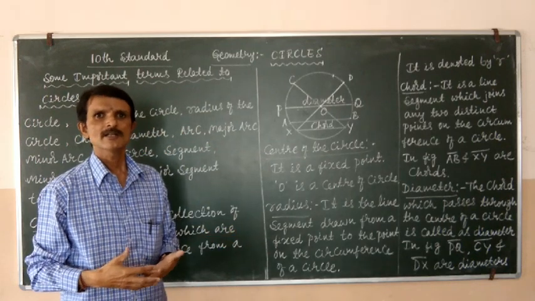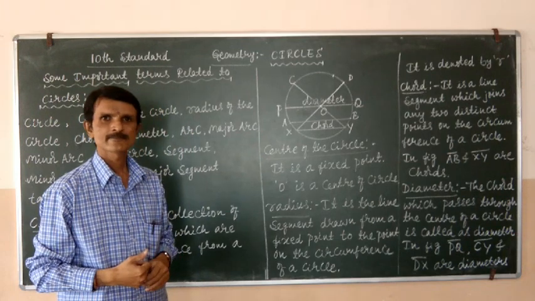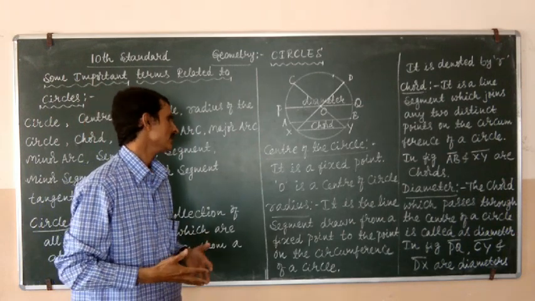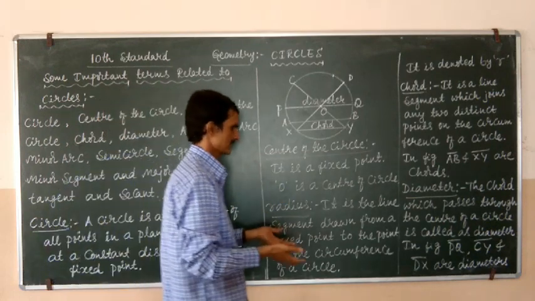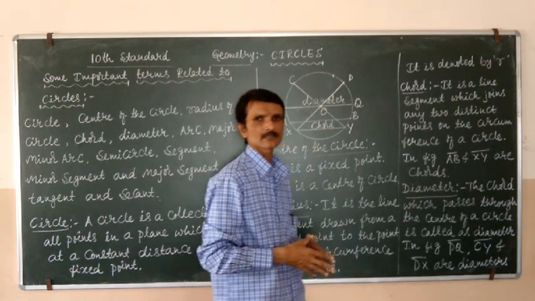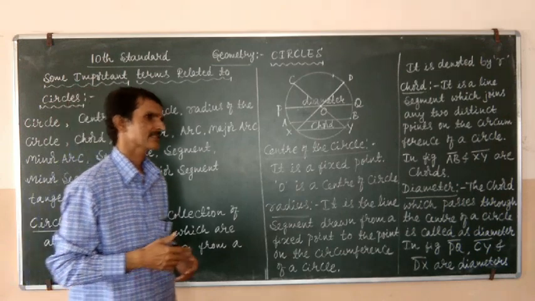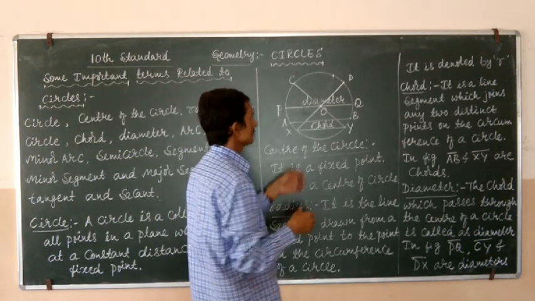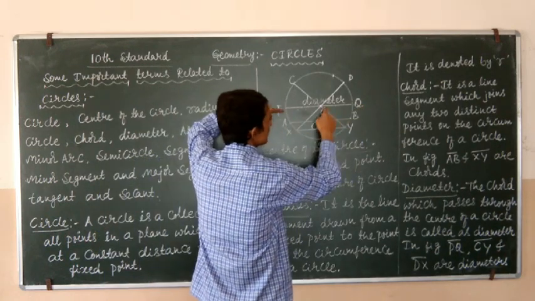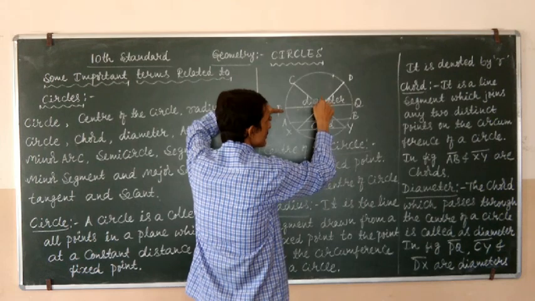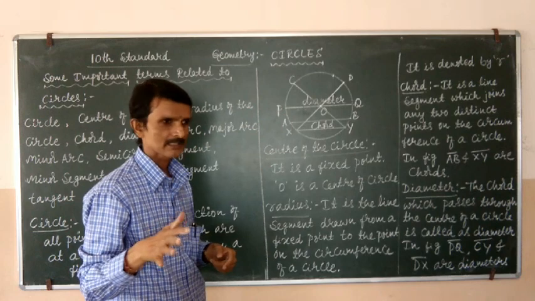We can draw many chords in the circle. Similarly, we can draw many radii. Next, we have seen the diameter. A diameter is also a chord, but it is the chord which passes through the center of the circle.